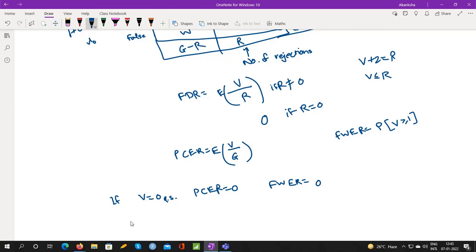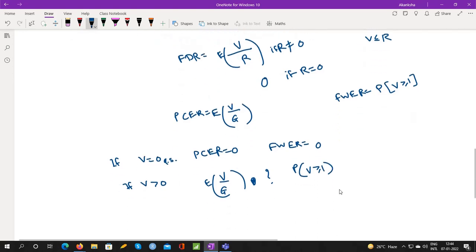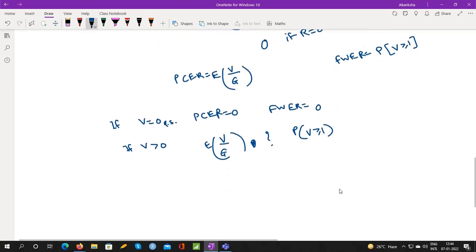Now, if V is positive, is there any relationship between V by G, expectation of V by G, and probability of V greater than or equal to 1? Is there any relationship?